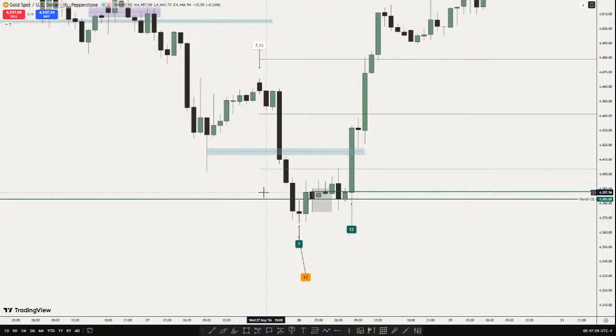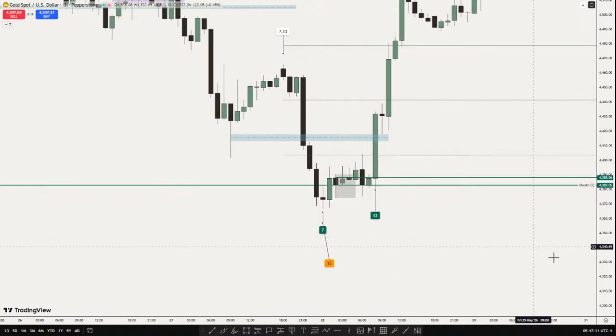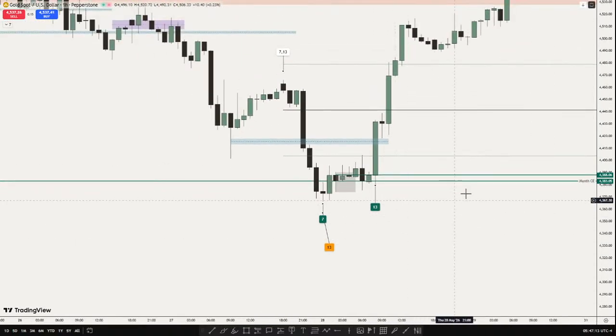But what I was looking at was the midnight open, which was here, because gold tends to make opportunities around midnight open and in the Asia session.